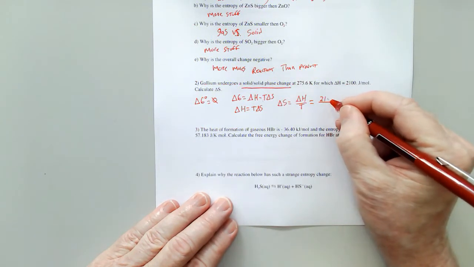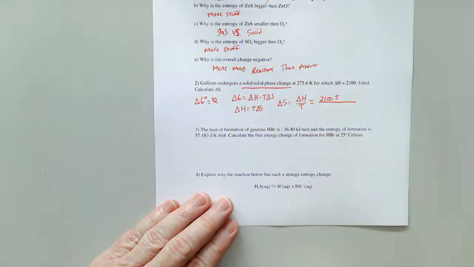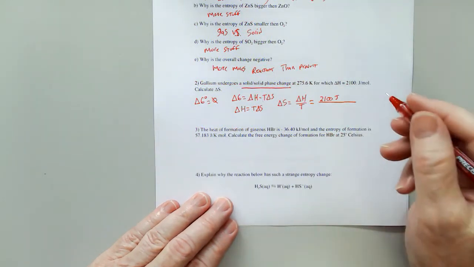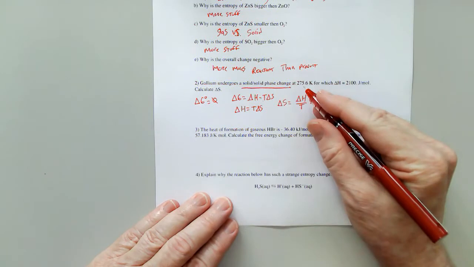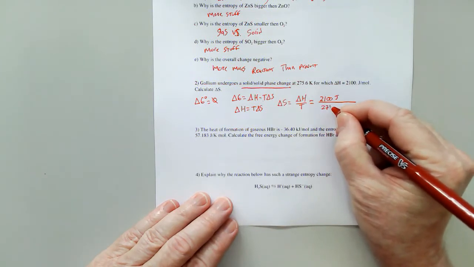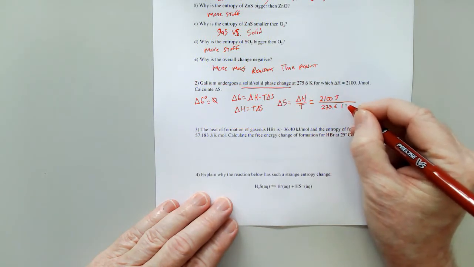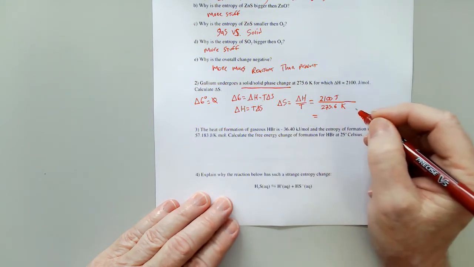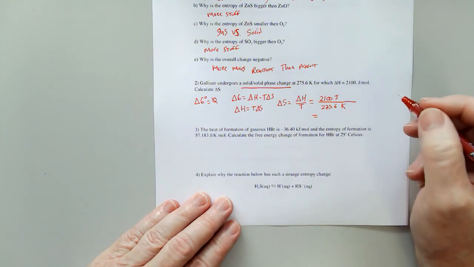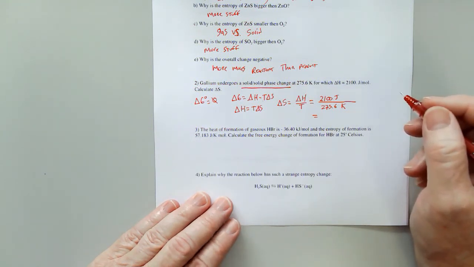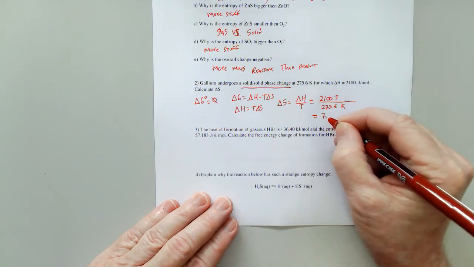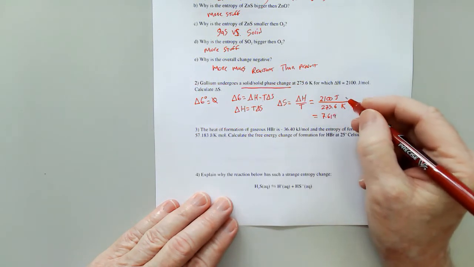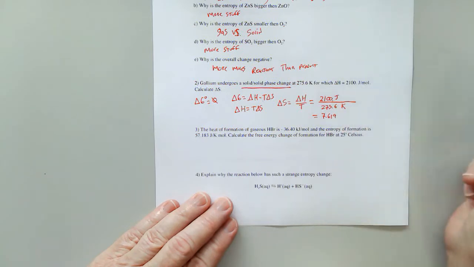The delta H is 2100 joules, and the T is 275.6 Kelvin. When I do the math there, it comes out to be 7.619, 4 sig figs is cool.